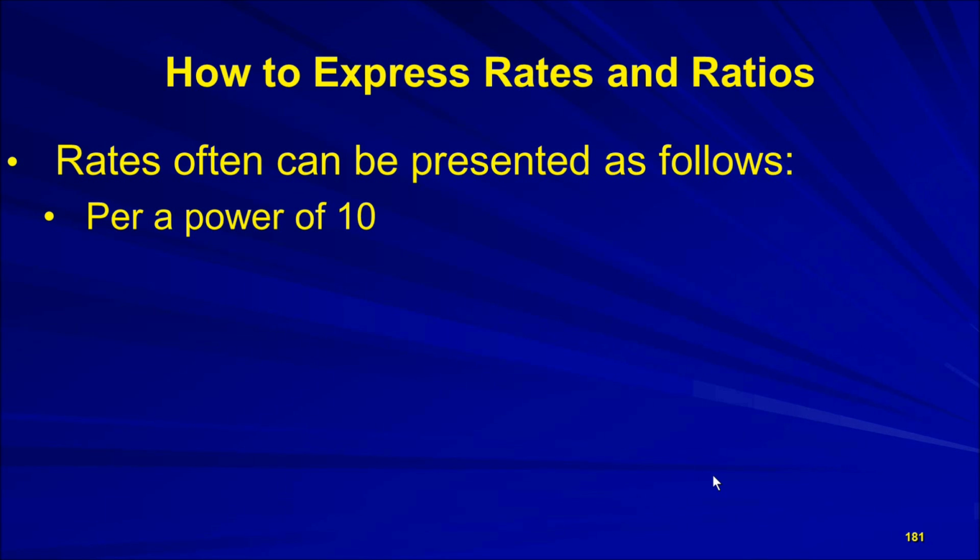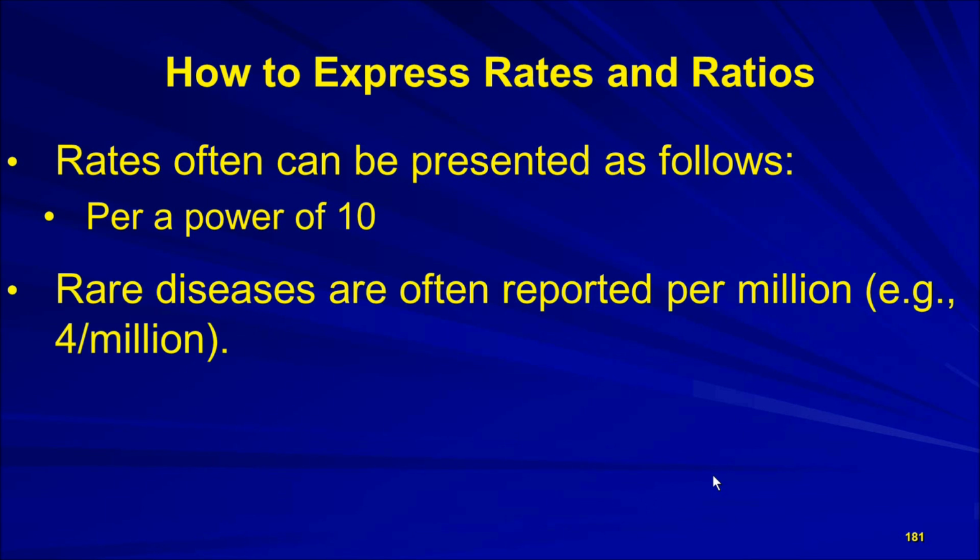Rates are often presented as follows: per a power of 10. We know that about them. Rare diseases are often reported per million, because otherwise we'd have a huge fraction.